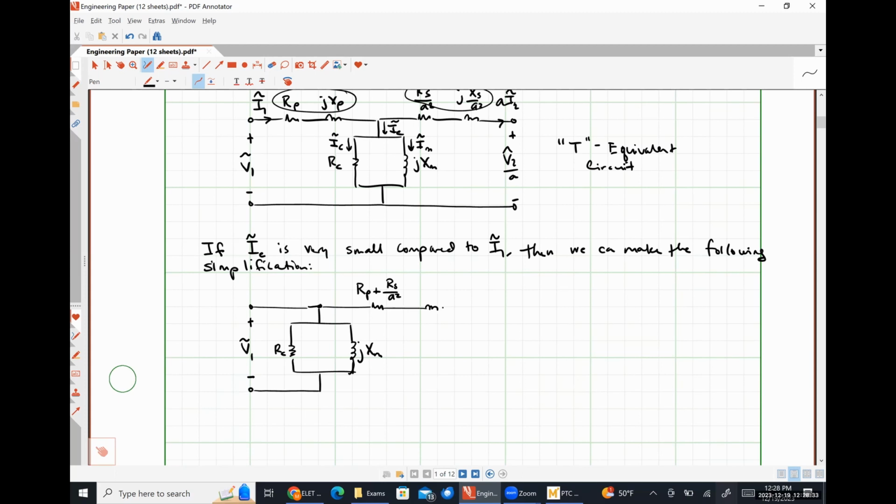And a single inductance here, whose value will be j times X sub P plus X sub S over A squared.